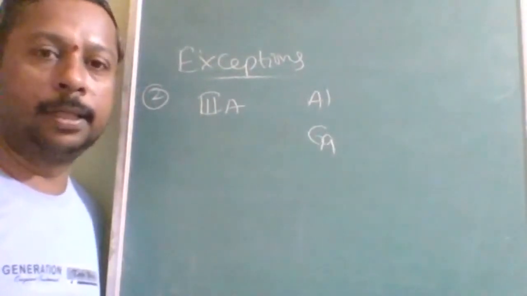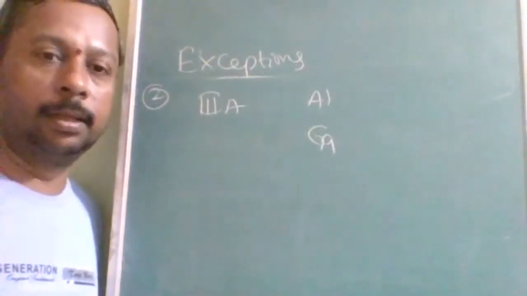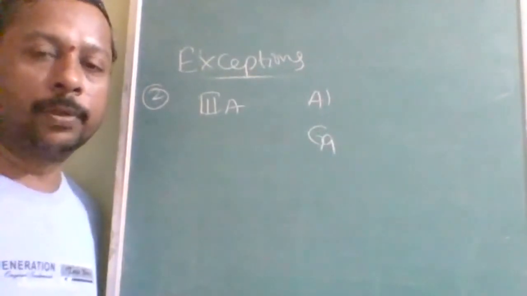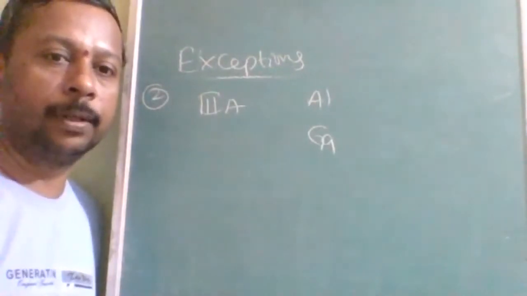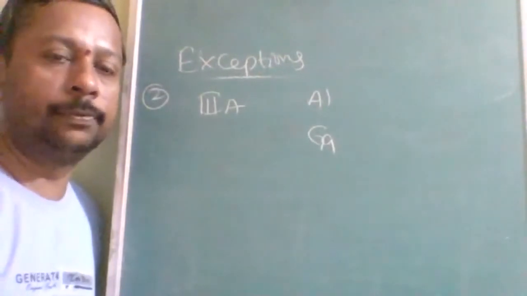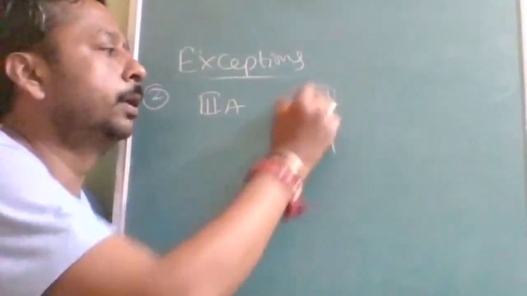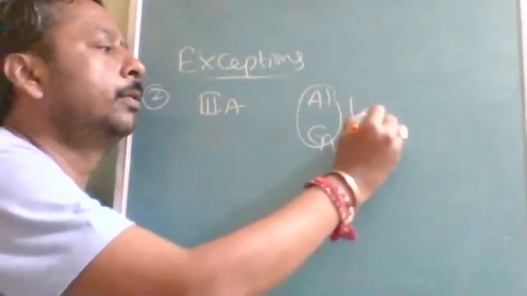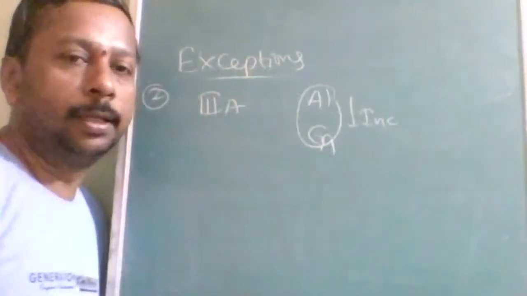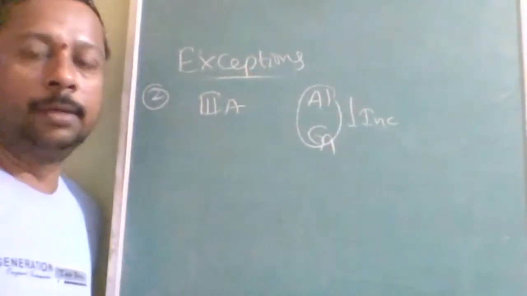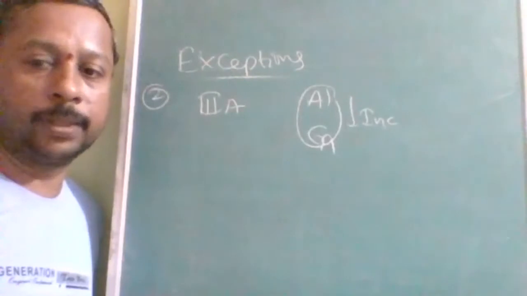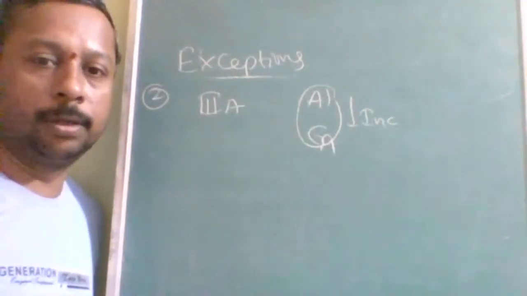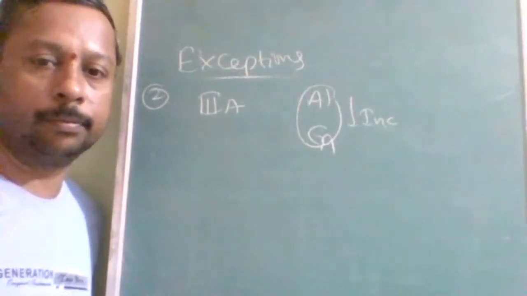Here, down the group, instead of decreasing, it will increase. The reason is there in the atomic size. Is it understood? Note down the second exception.